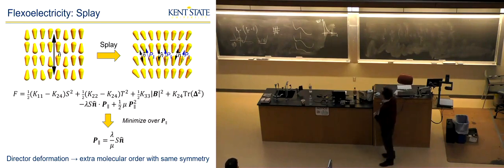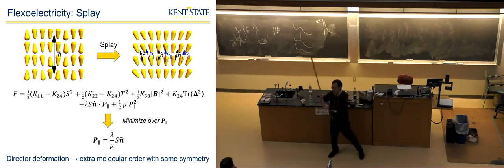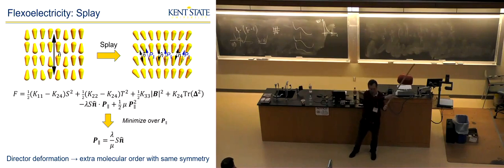What about splay? Suppose you have molecules that are shaped like pears here. Okay? In the ordinary nematic phase, half of them will be pointing up, half will be pointing down. If they have dipole moments, those dipole moments will average to 0. Now, suppose you apply a splay. That's this deformation here where the director is coming along like that.